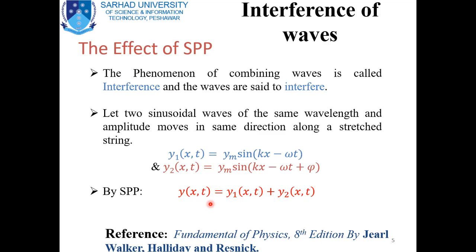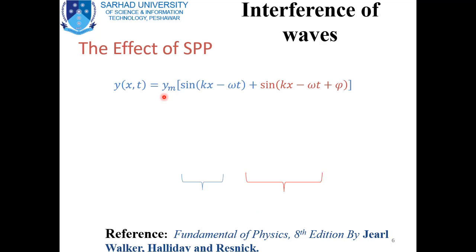When we put the value of each expression in the above expression, we will obtain ym sin(kx − ωt) plus ym sin(kx − ωt + φ). As the amplitude term in both expressions is the same, we take it common and we are left with sin(kx − ωt) plus sin(kx − ωt + φ) in the bracket.